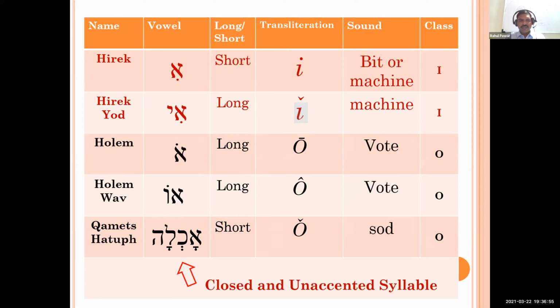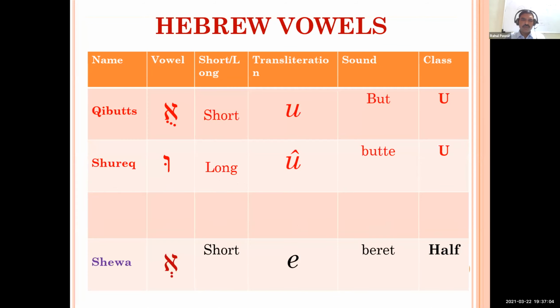So it is Okla. It is not Akla, Okla, like O in sword. Then we have learned Qibbuts. It is a three-dot diagonal. If you put it, it gives U sound in but. It is a short vowel.